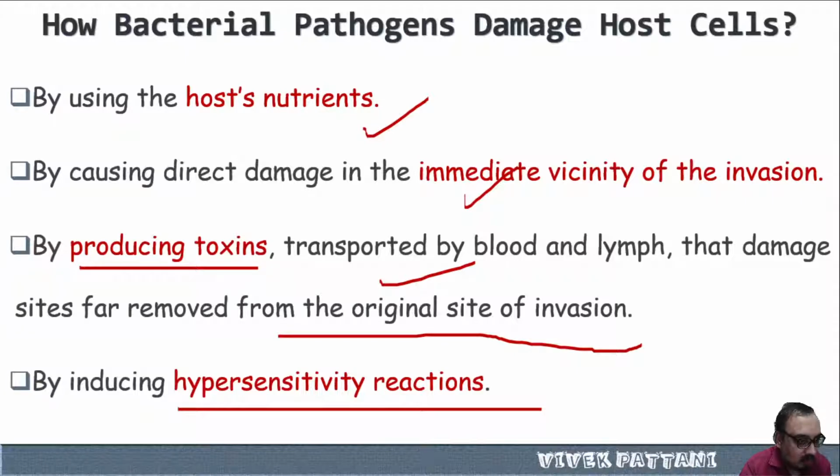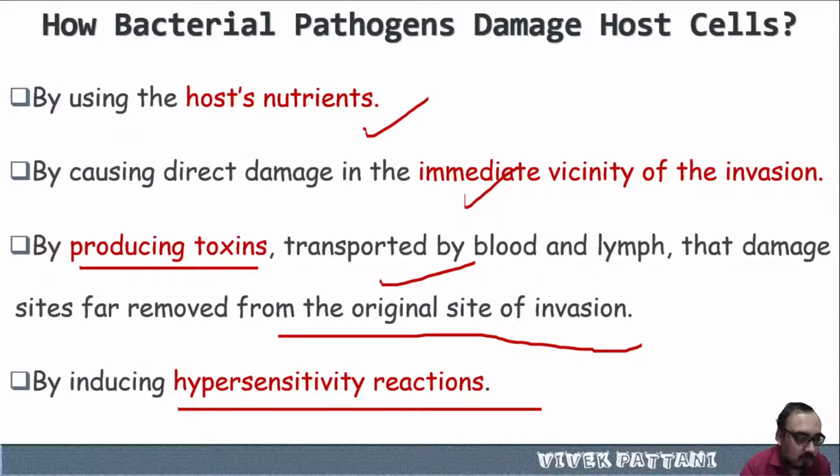And once inside the cells, the Shigella either are lysed or escape from the phagocytic vesicle, where they multiply in the cytoplasm of the host cell. Other bacteria may invade a specific type of host epithelial cell and may subsequently enter the tissue.